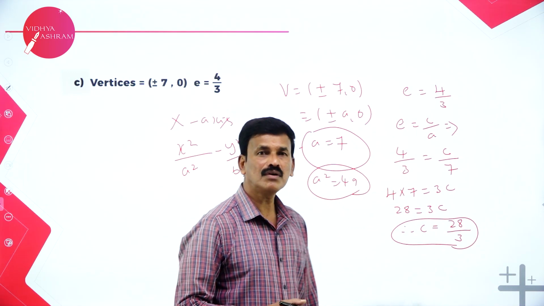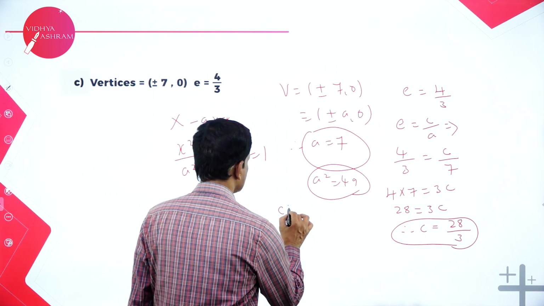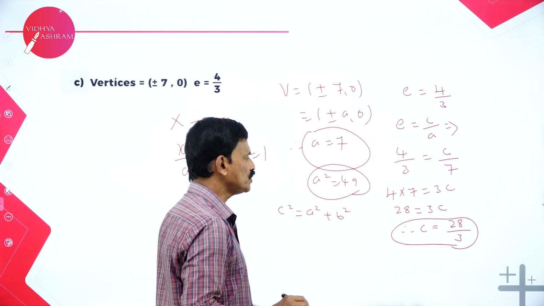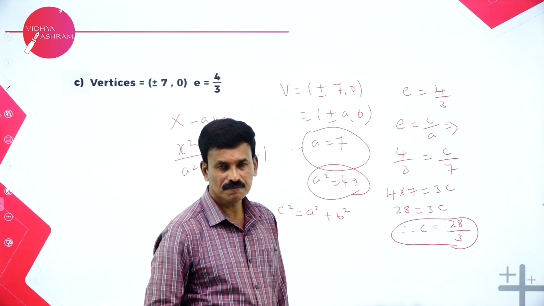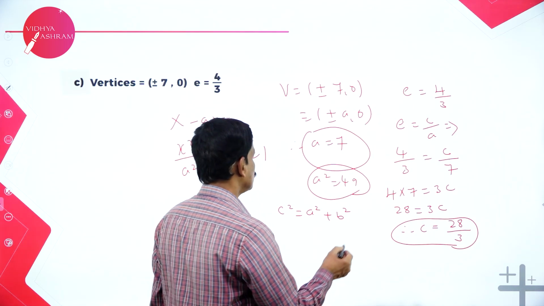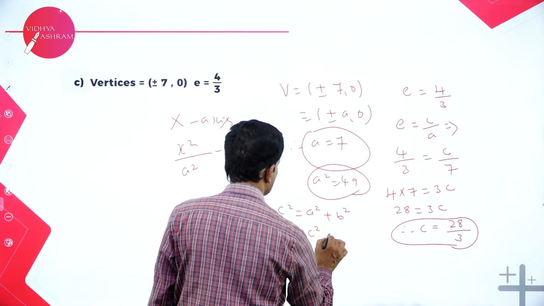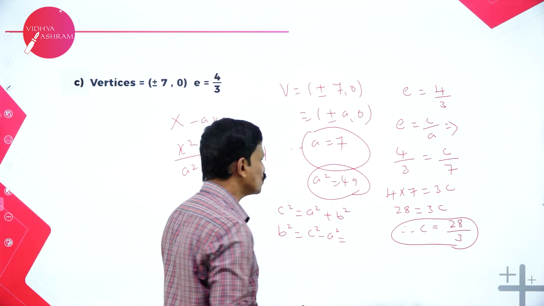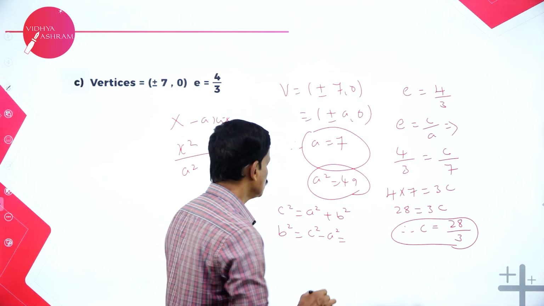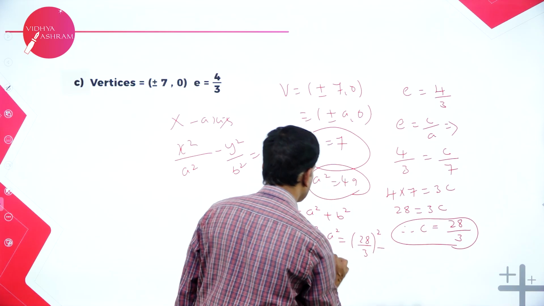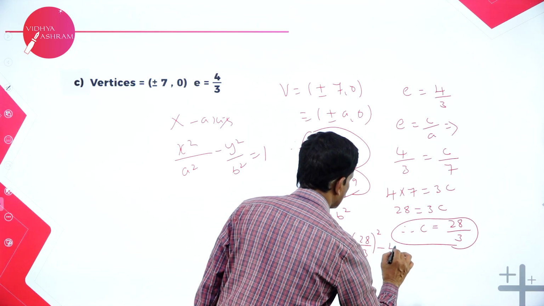Okay. Now, what is c square? We know that c square is equal to a square plus b square. So we know a square, find out b square. b square is equal to c square minus a square. So, 28 by 3 whole square minus a square, which is 49.